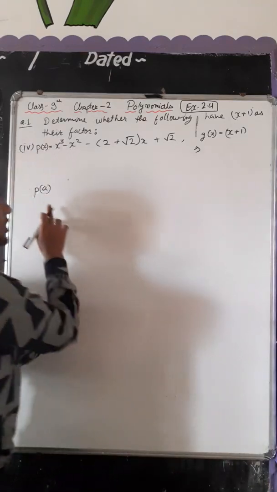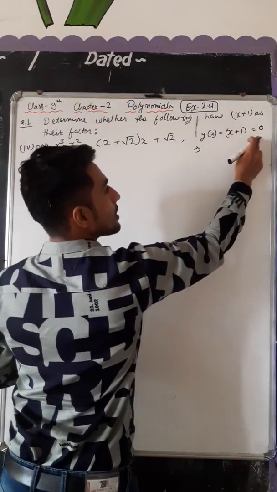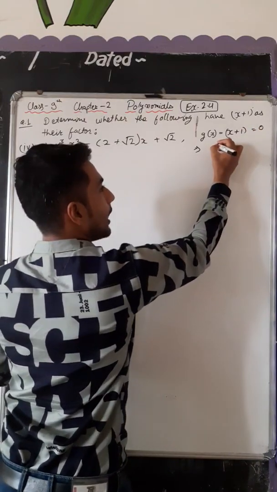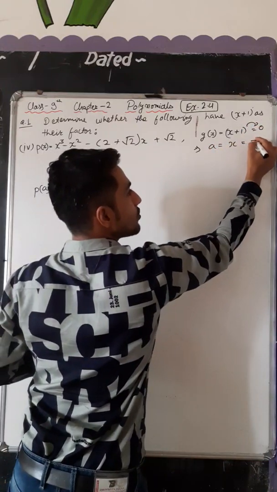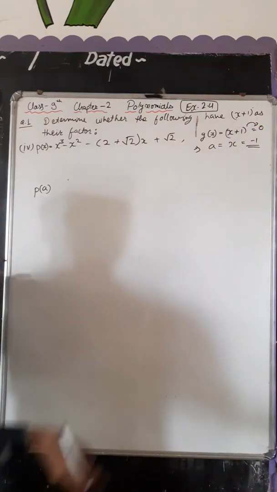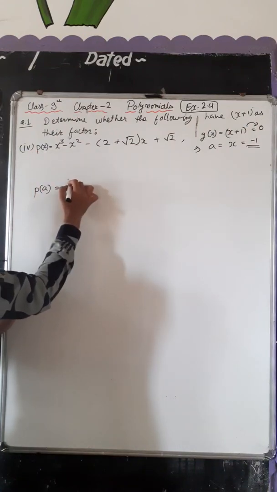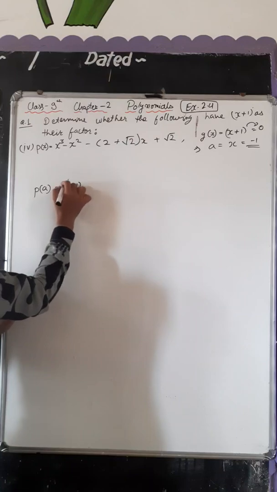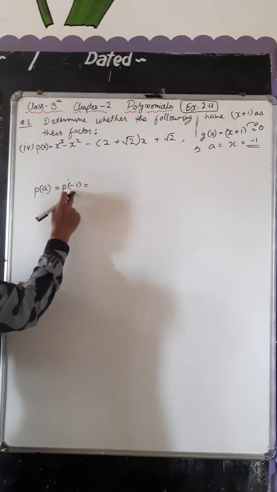आपको A की वैल्यू चाहिए. A की वैल्यू कहाँ से आएगी? We will put this x plus 1 equals to 0 and we get A equals to x equals to minus 1. Put this one in this, we get P, value of polynomial P at minus 1 value.